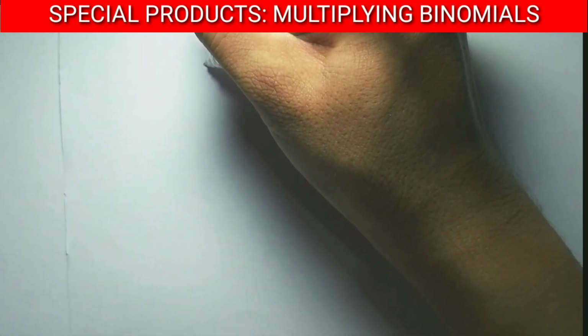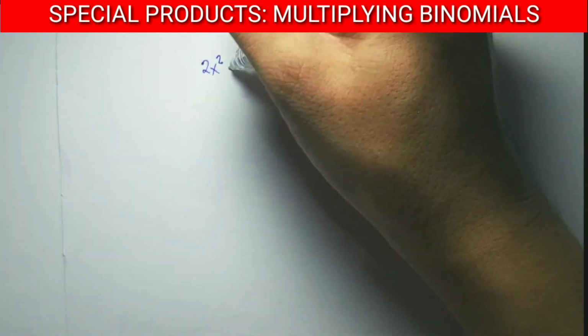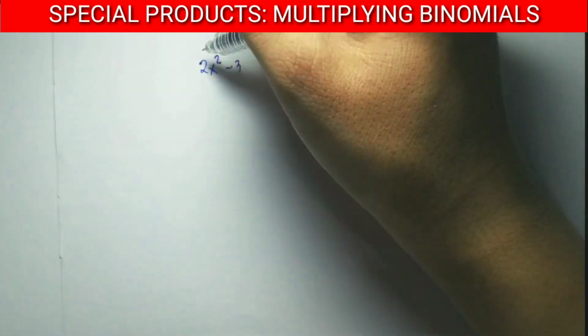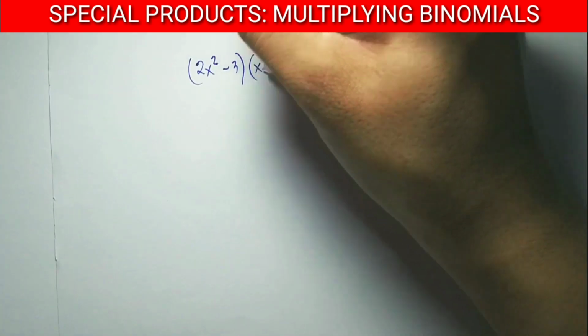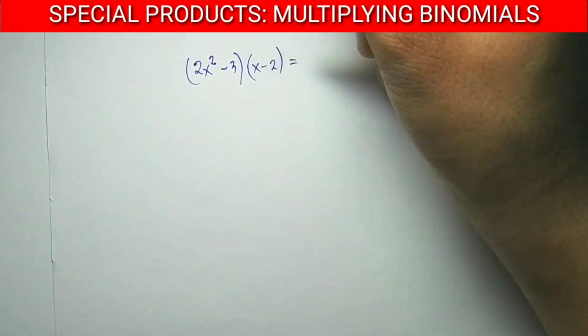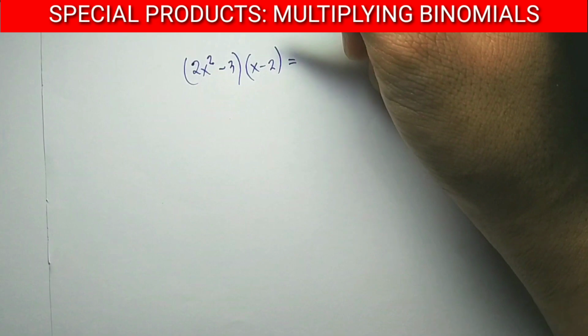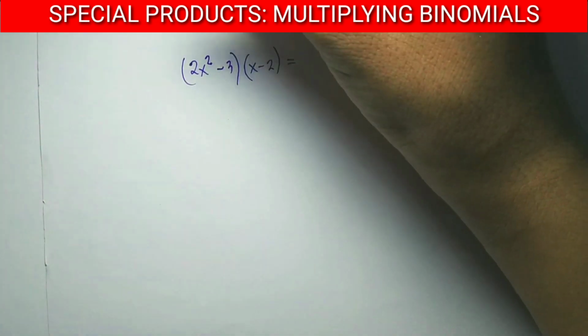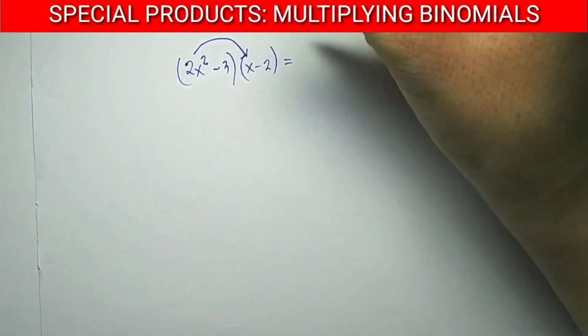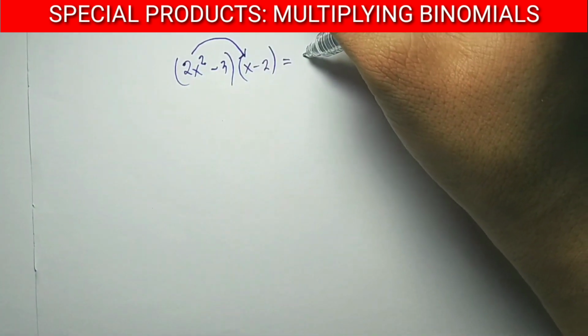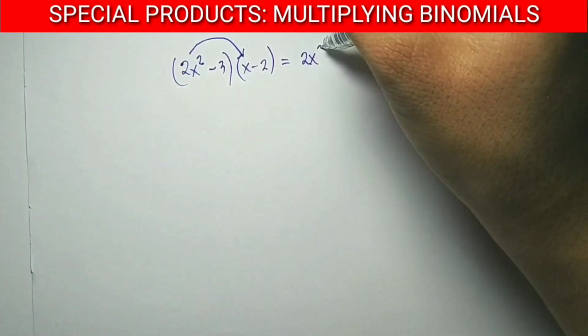Okay, let us have this example. 2x squared minus 3 i-multiply nato sa x minus 2. So balik ta sa atong technique, iuna nato ang mga first terms og multiply. So 2x squared times x, that is 2x cubed.